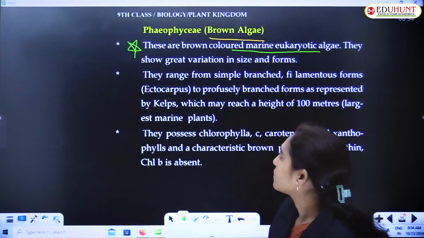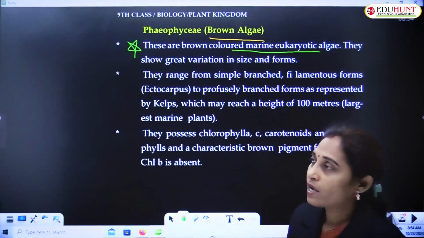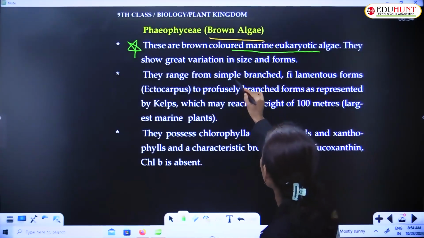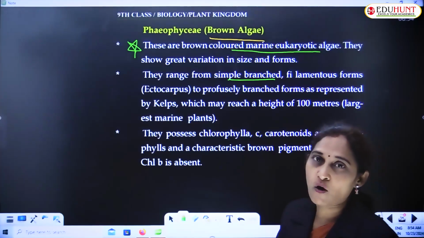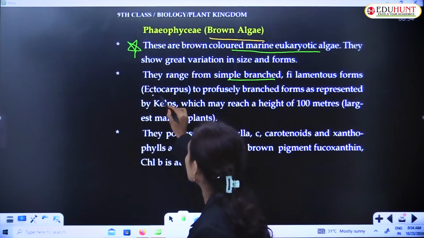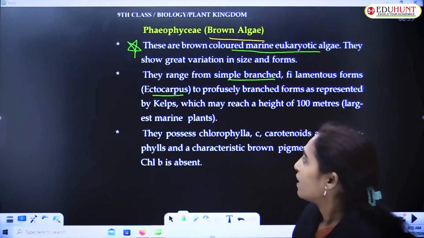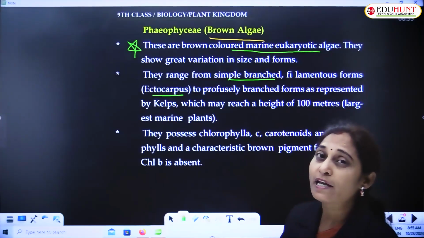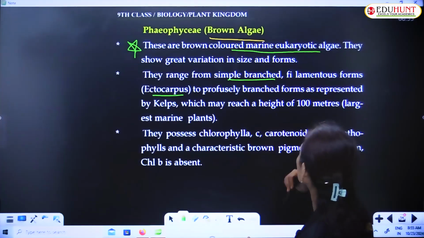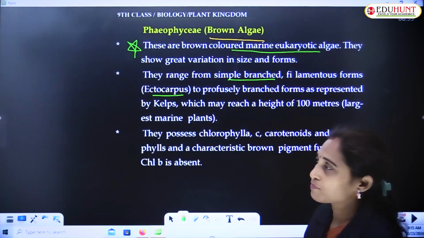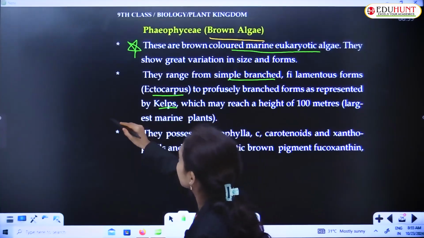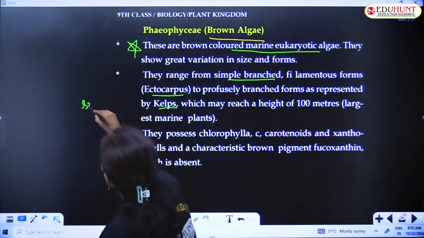They show great variation in their size and forms. They range from simple branched filamentous forms, for example Ectocarpus, to profusely branched forms as represented by kelps. Kelps are commonly called seaweeds.